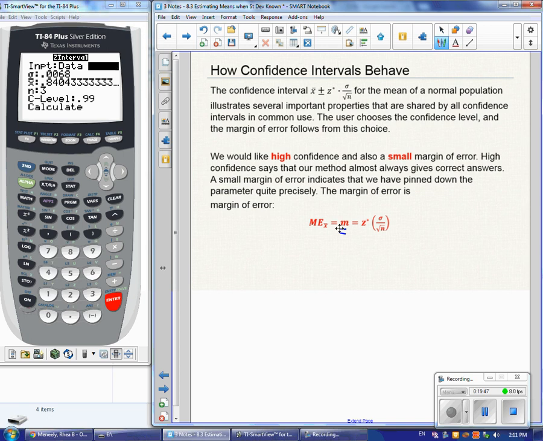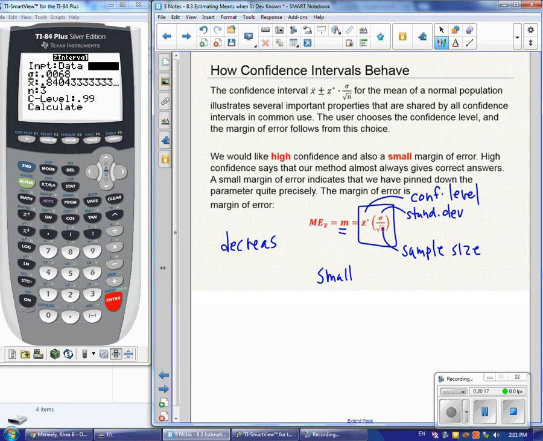But if you think about the three factors that affect our margin of error, we've got our z-score, which is associated with our confidence level. We have our standard deviation of the population, which we usually can't control and almost always don't know. And we have our sample size. So if you think about things that are going to make my margin of error small, having a small z-score is going to, so if I want to decrease the margin of error, having a small z would enable me to do that.